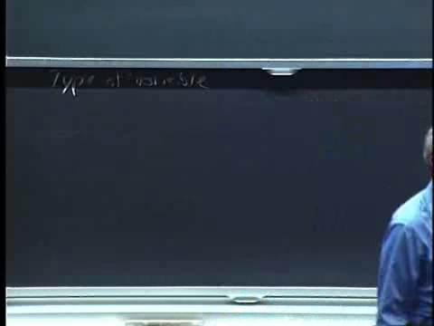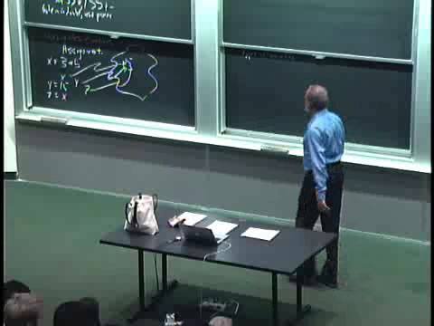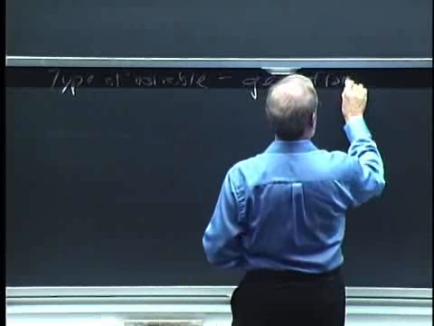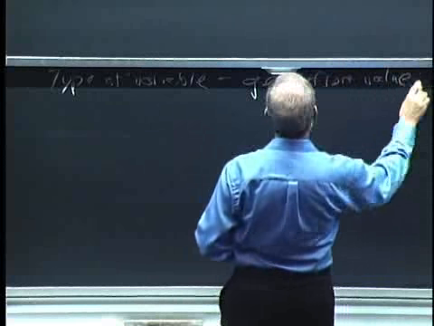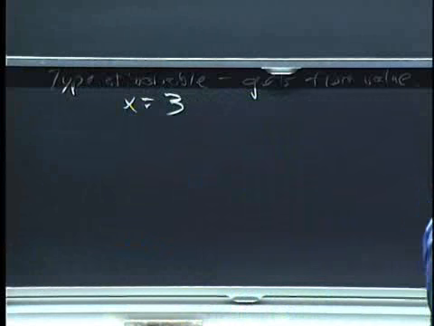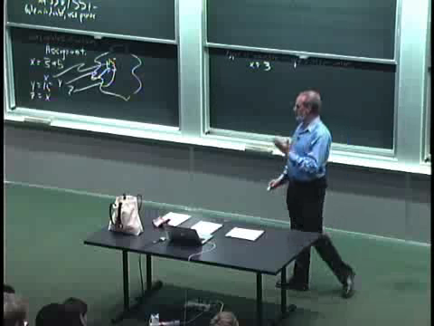And the answer is it inherits it from its value. So if somewhere in my code I have that assignment statement, x now is a variable whose value is an integer.